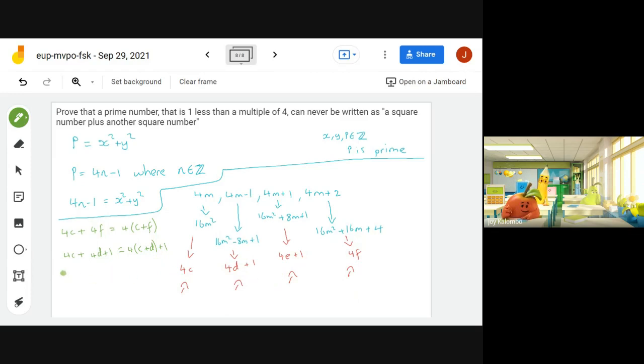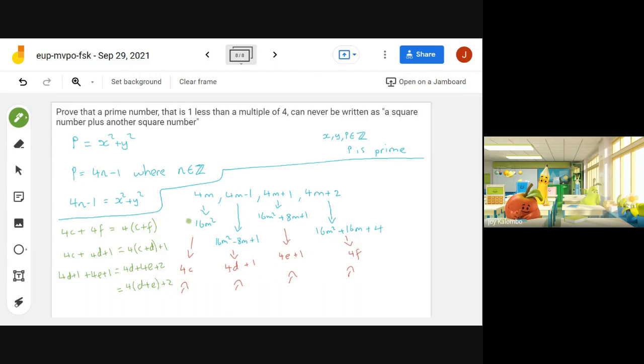Let's take the final case, the final important case, 4d plus 1 plus 4e plus 1, where that's the same thing as 4d plus 4e plus 2, but that is just a multiple of 4, which is 4 lots of d plus e, plus 2.